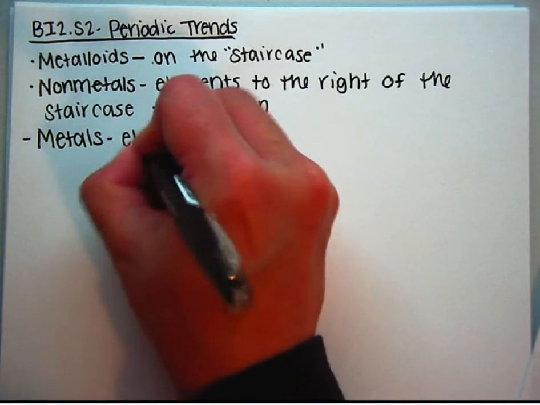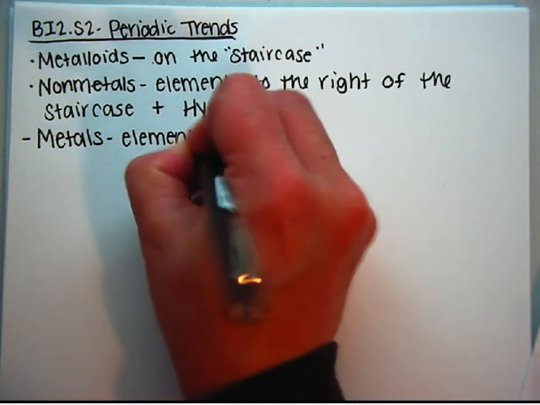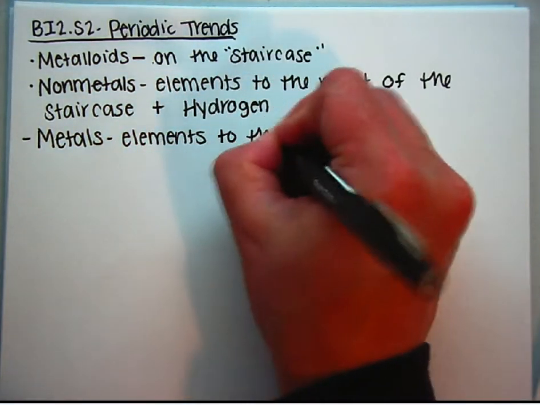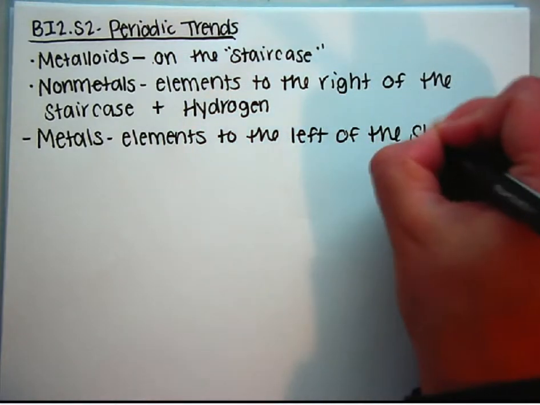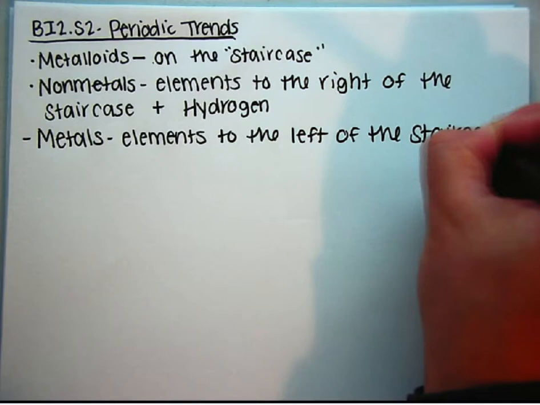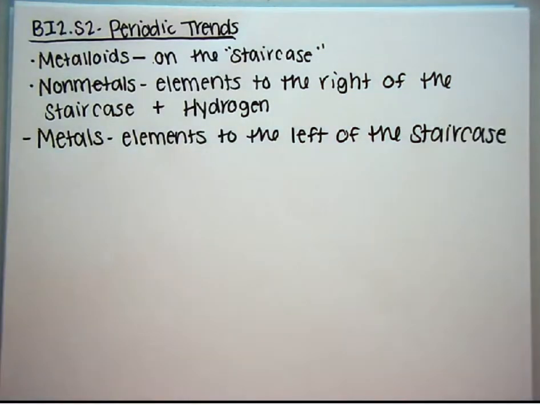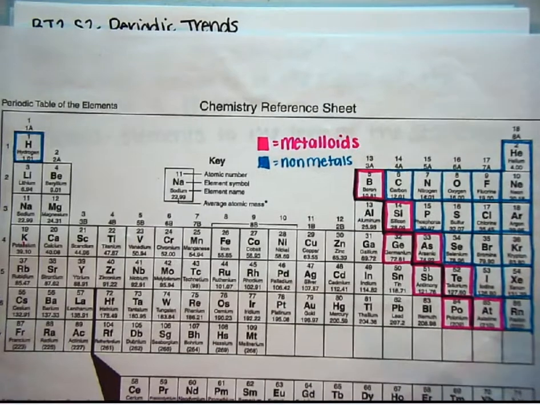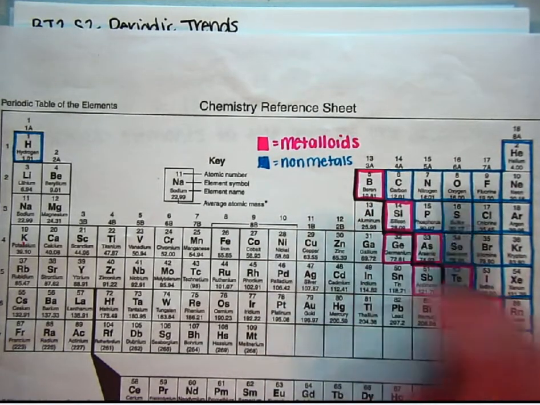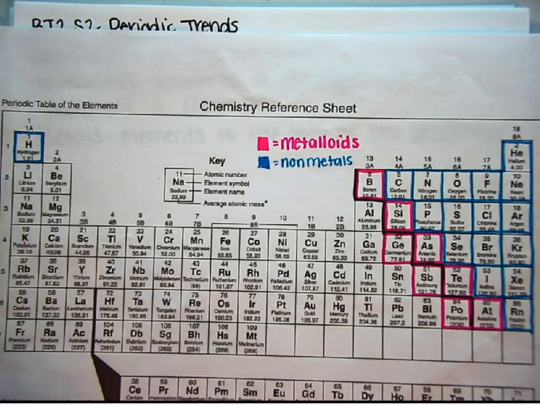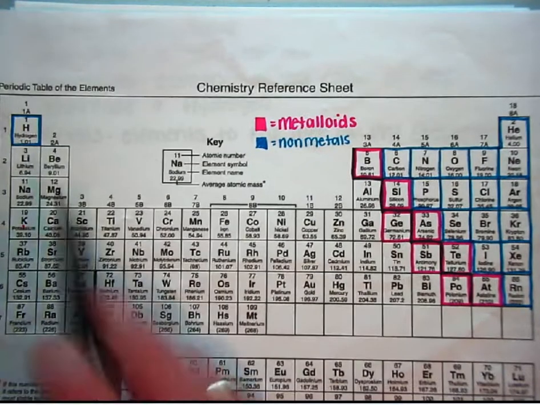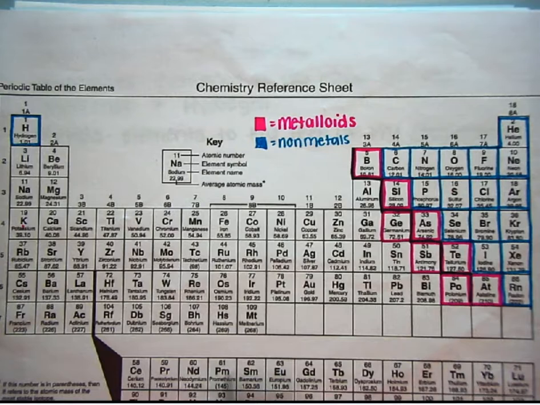Metals are the elements to the left of this staircase. So again, looking at our periodic table, I highlighted the nonmetals in blue, but any element to the right of the staircase plus hydrogen would be nonmetals. Everything to the left, everything else on the periodic table that I did not color would be a metal.